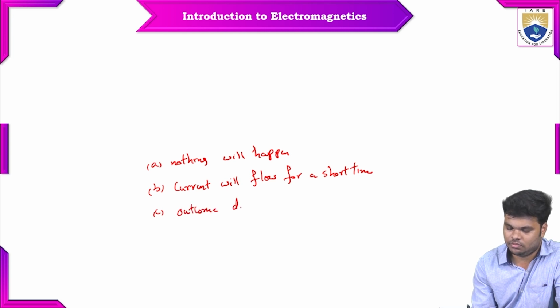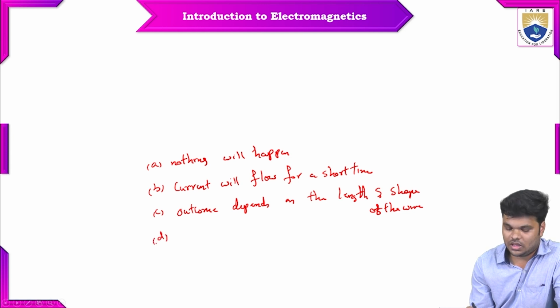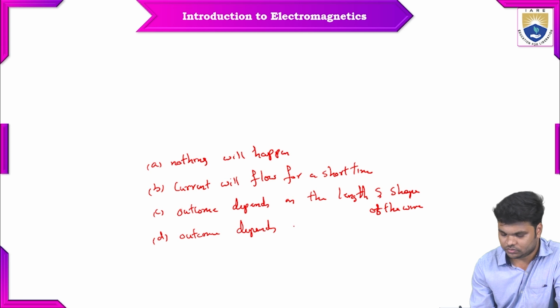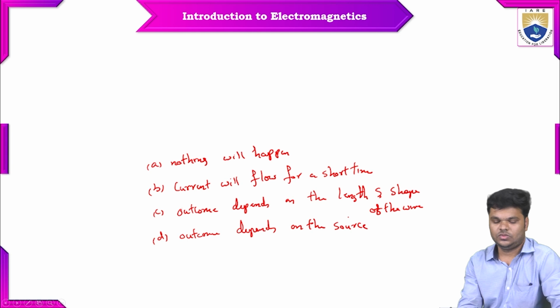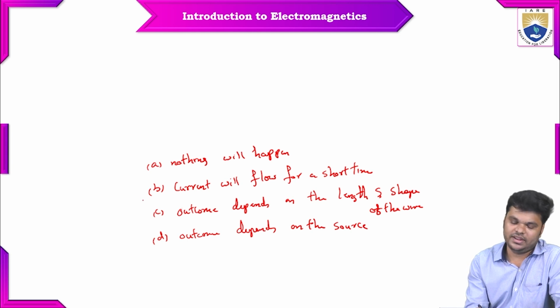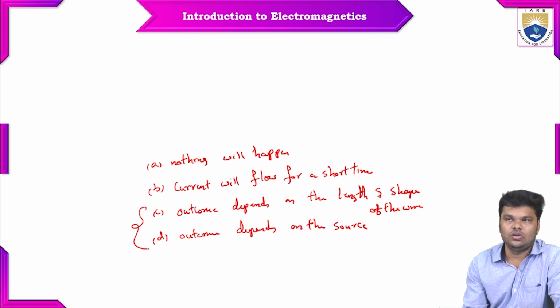Outcome depends on the length and shape of the wire. And the next answer could be, outcome depends on the frequency of the source. The doubt one may get is, do these things really matter to answer this question?